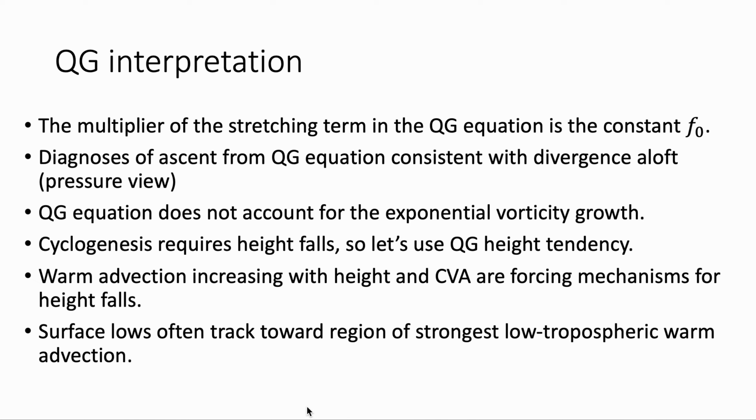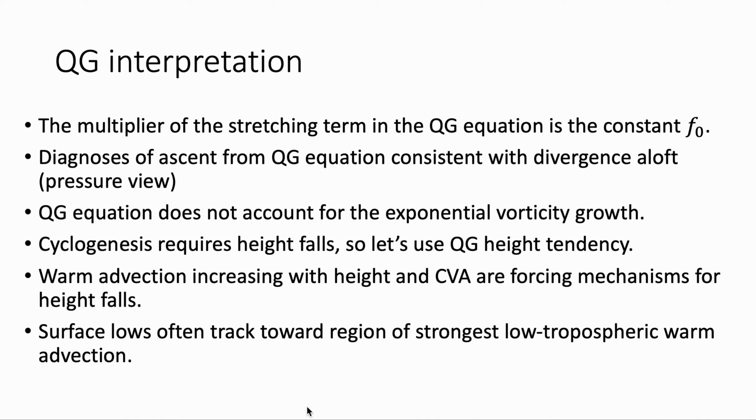But when we consider the height tendency equation, it is something that can be useful to explain the formation, the cyclogenesis. And in particular, when we talked about the height tendency equation, we saw that both warm advection, the increase of warm advection with height, and cyclonic vorticity advection, they were forcing mechanisms associated with fall of geopotential heights, which again we could see as the arrival of the trough, or the digging of the trough in some cases, which can then be related to cyclogenesis.